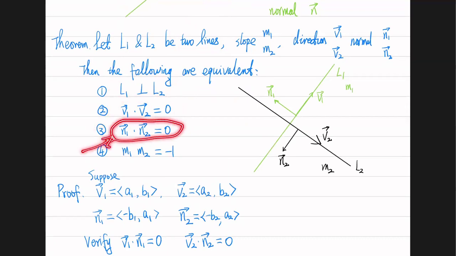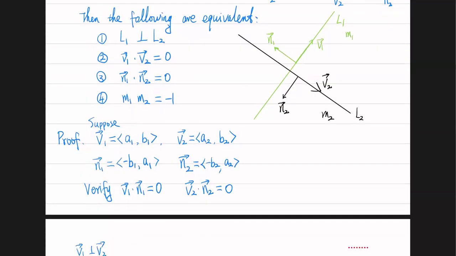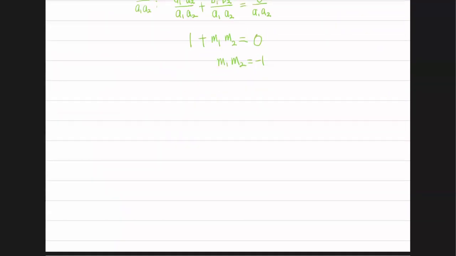However, the product of the two slopes is not 0, but -1. So you can see the difference between the product of numbers and the dot product of vectors. The difference. So here, caution.